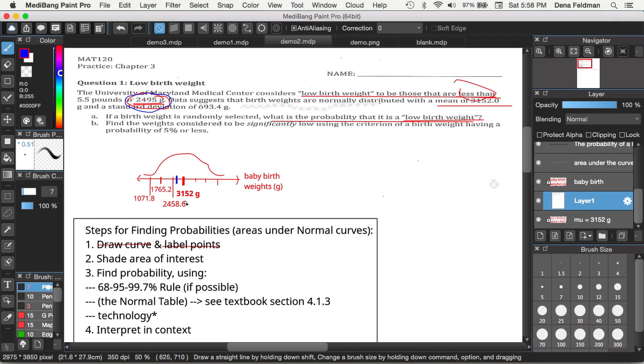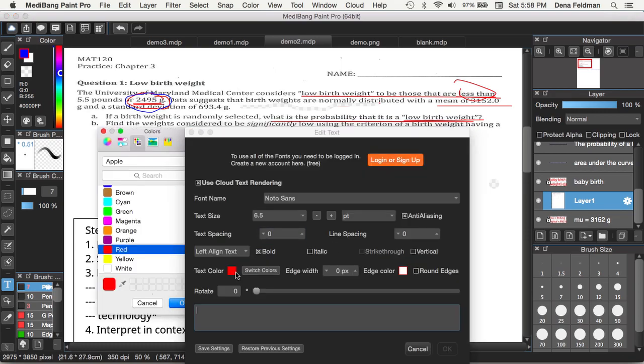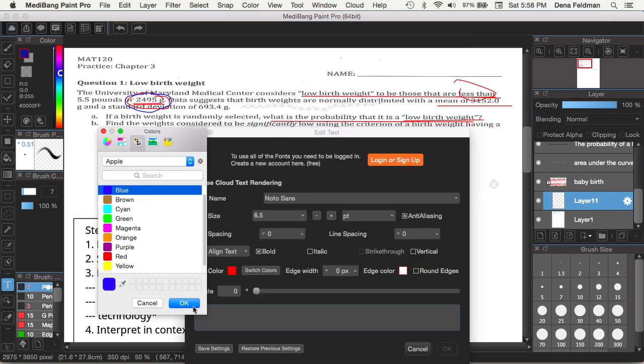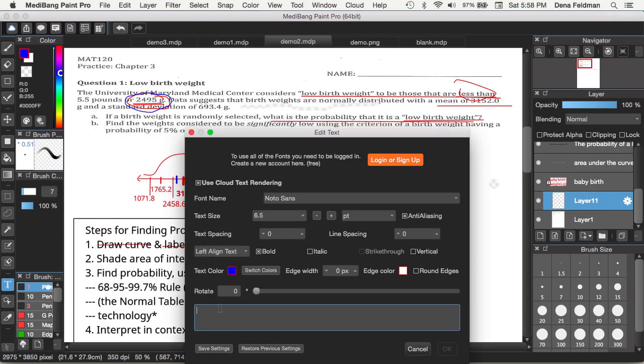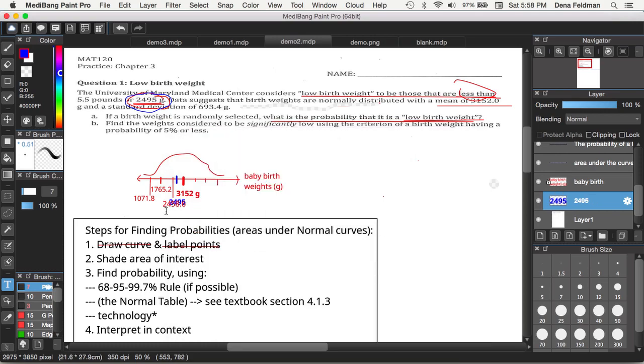That would be a place where you would expect to see the number 2,495, kind of in there, in between 2,458 and 3,152.